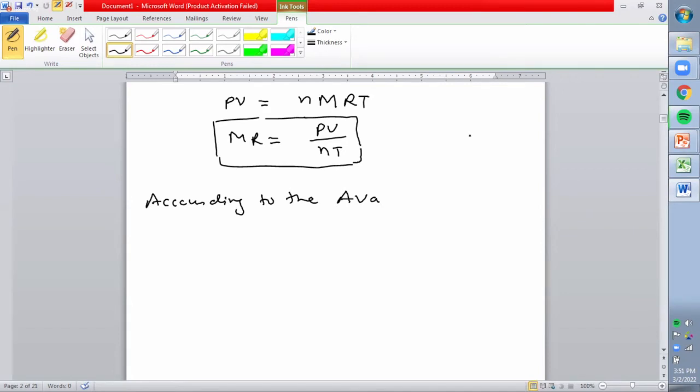But by and large, with a macroscopic approach, we always say that PV is equal to mRT for all perfect gases, the ideal gas equation or perfect gas equation.